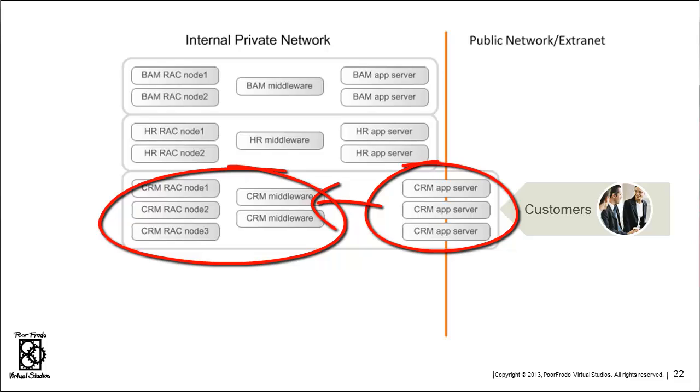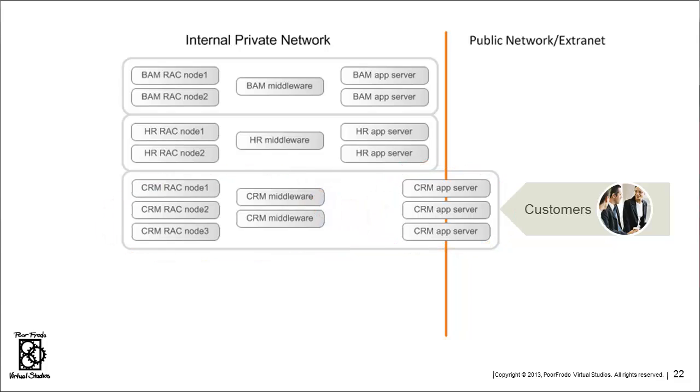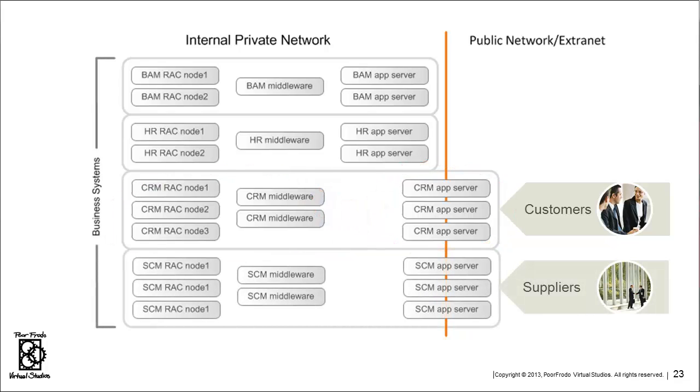So they'll have an interface on the internal network side, and they'll also have an interface on the external public network side to allow customers to access a customer portal of some sort. And then finally, my 4th business system is supply chain management, and it's exactly like the CRM, 3 RAC nodes, a couple of middleware, and 3 app servers with the same networking requirements.